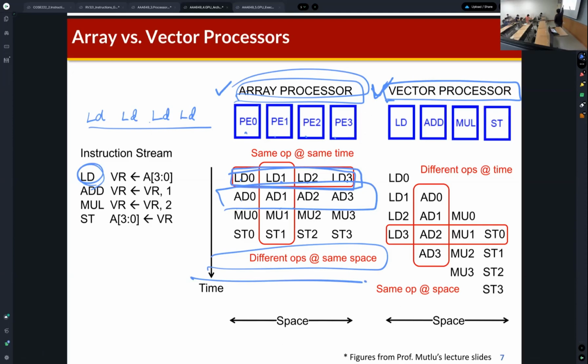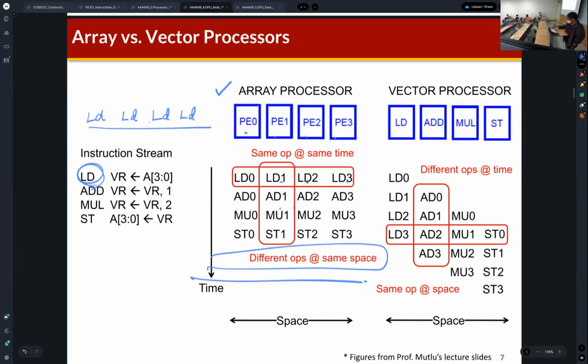As you can see, SIMD processors execute the vector type instructions this way. So we discussed how vector type instructions are implemented in SIMD processors.